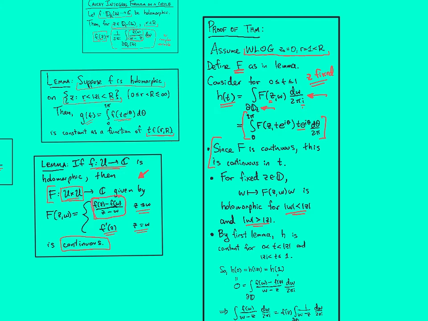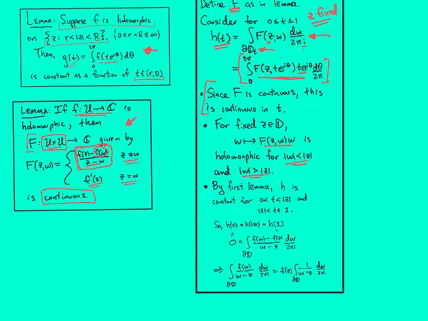And so as a function of w, we're going to get something holomorphic, because it'll just look like our holomorphic function divided by z minus w. And this is the function we're integrating with respect to theta, and so this is where we're going to apply this first lemma.